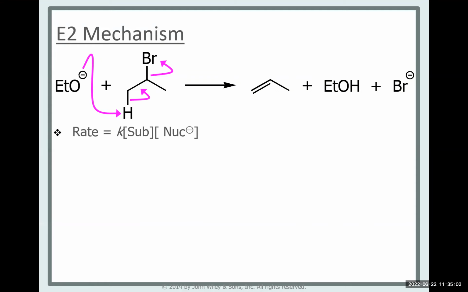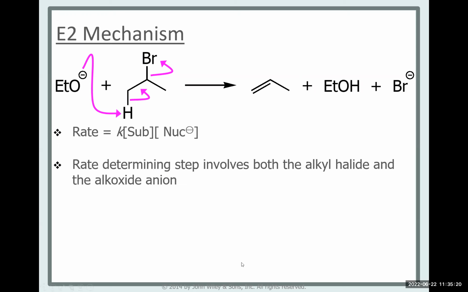So it's exactly the same as an SN2 reaction in that rate way, that both the nucleophile and the substrate are involved in that rate determining step, right? So because both of them are involved in that rate determining step, the rate depends on both of them. So it's a bimolecular reaction that includes both the, in this case, alkyl halide and then the alkoxide.